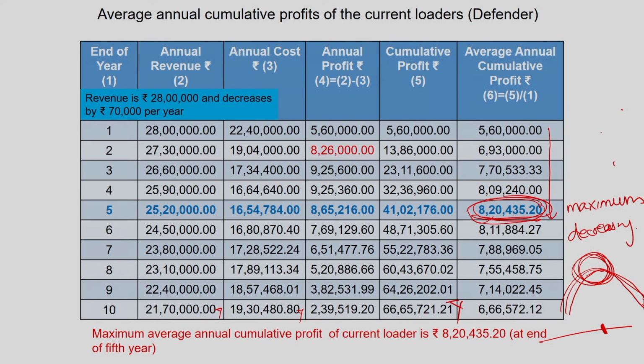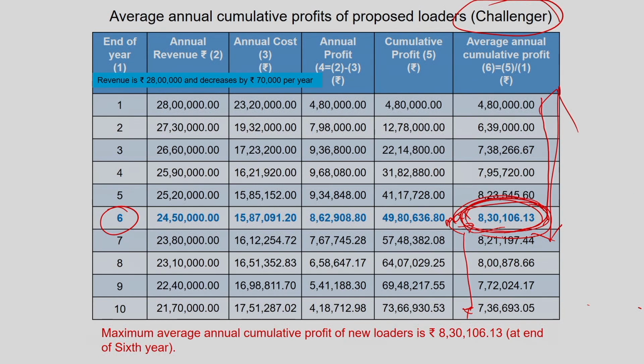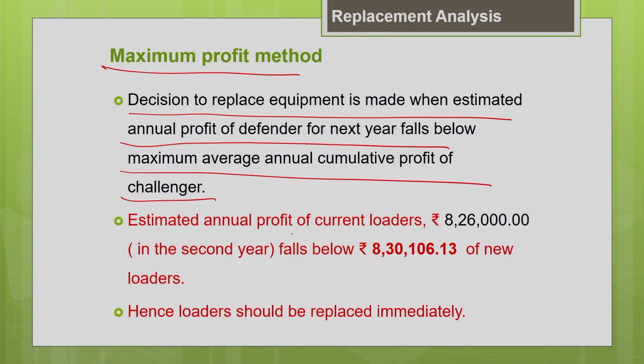Your current loader is already 1 year old, so for the second year, the estimated annual profit of your current loader is 8,26,000. Now you compare this value with the maximum profit achieved by your challenger, 8,30,106. The current loader's profit in the second year is lesser when compared to the new loader.